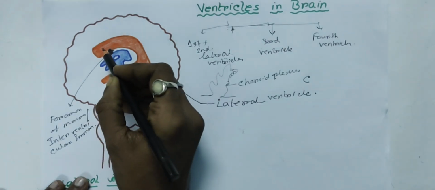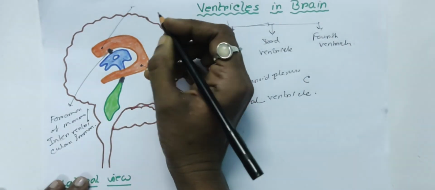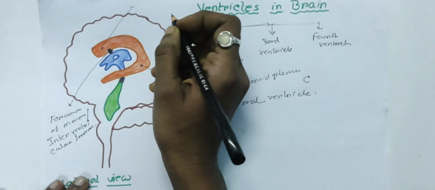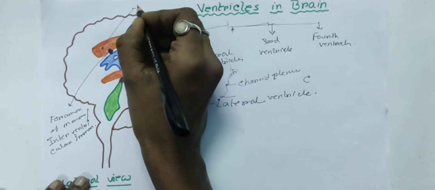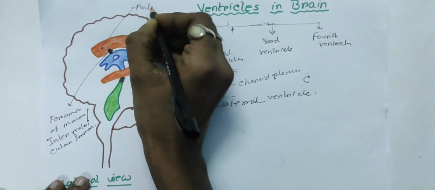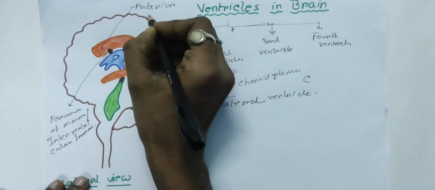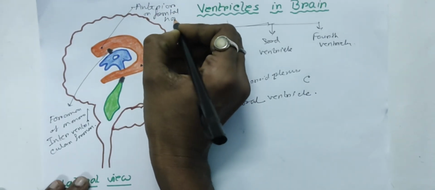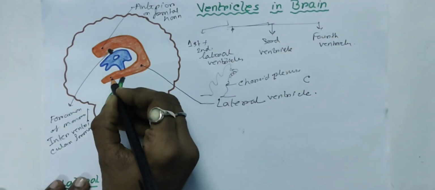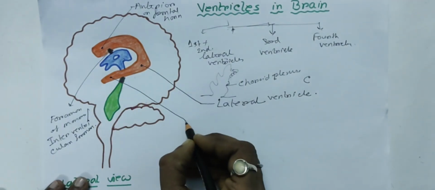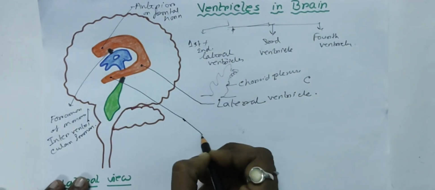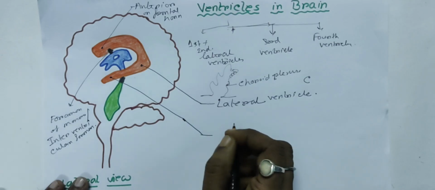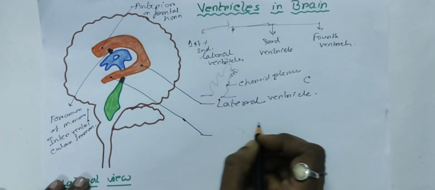This part is called the anterior or frontal horn, and this part is called the inferior temporal horn.